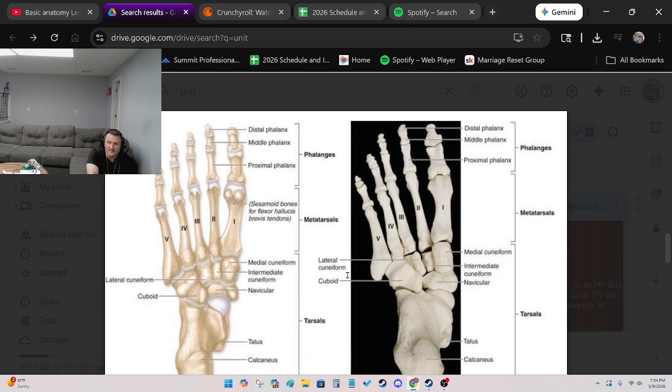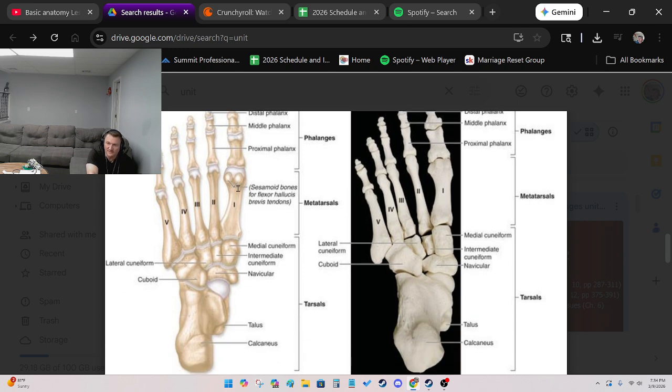Okay, this is actually kind of a cool little tidbit, but these sesamoid bones for the great toe, sesamoid are seed-like bones. They form inside of a tendon, usually because of damage. That tendon will slowly turn to bone.